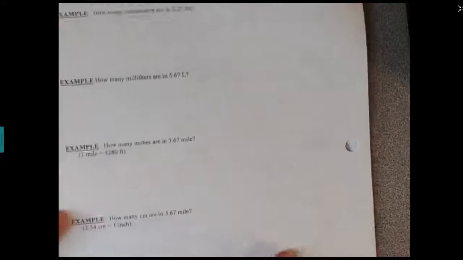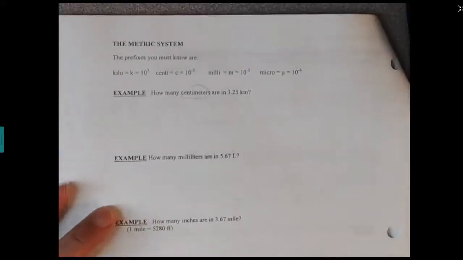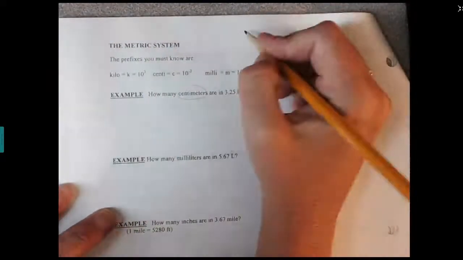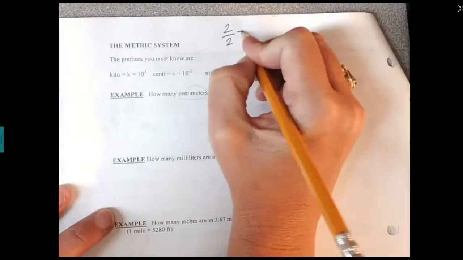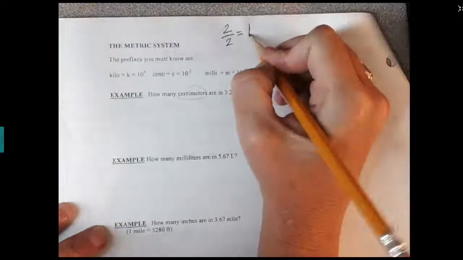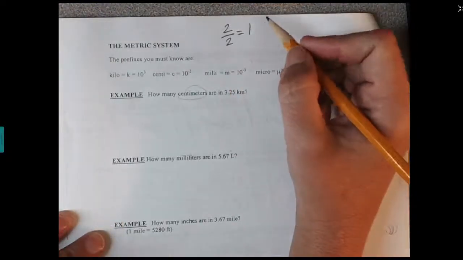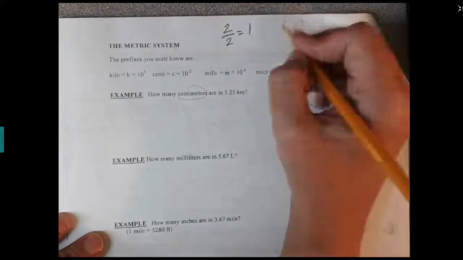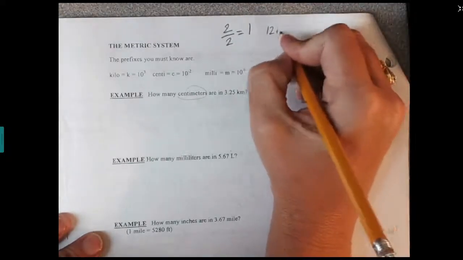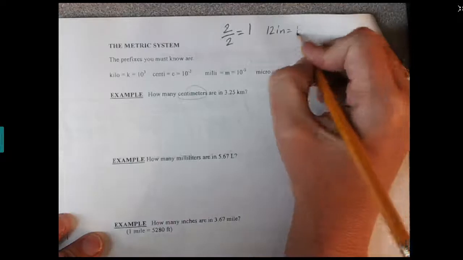Okay, so the metric system, all we did with dimensional analysis is change units. So what is this equal to? What is the rule that tells me that? Anything over itself is 1. So what is 12 inches equal? 1 foot.